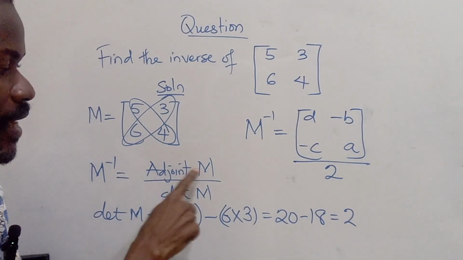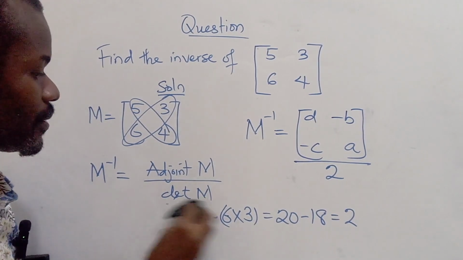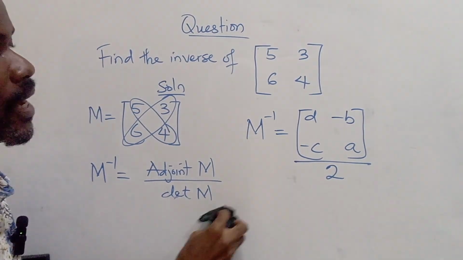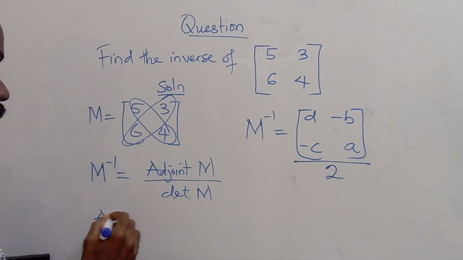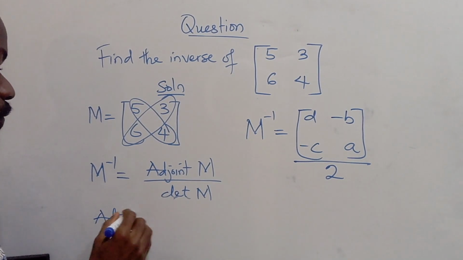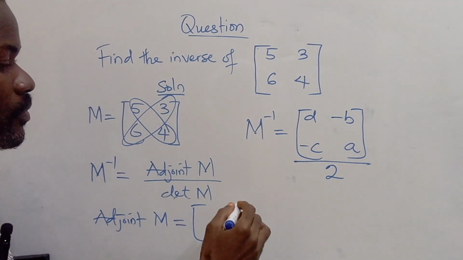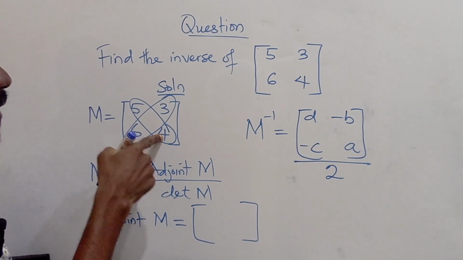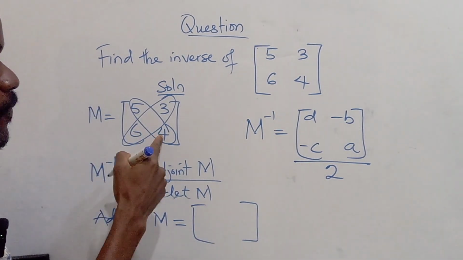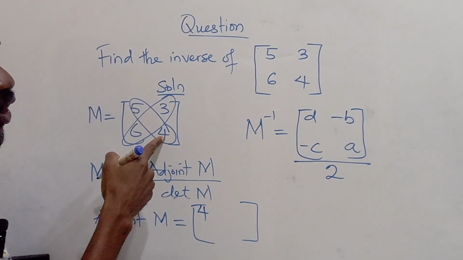Just to make things easy, I'm going to replace the determinant here by 2. Now let's work on the adjoint. For the adjoint of N, all we need to do is 4 is going to interchange with 5, so 4 is going to take this place and 5 is going to take the other place.